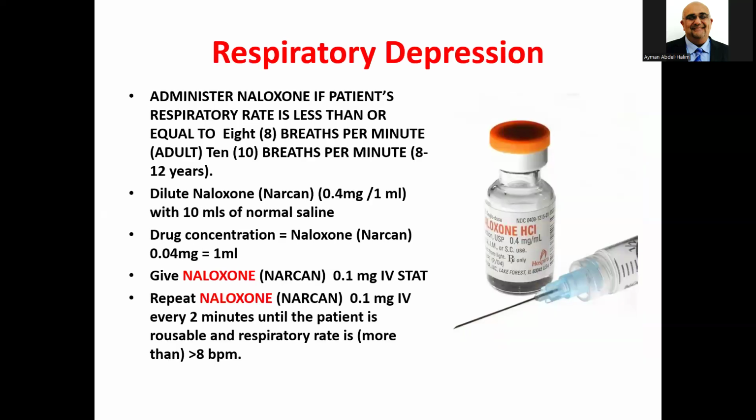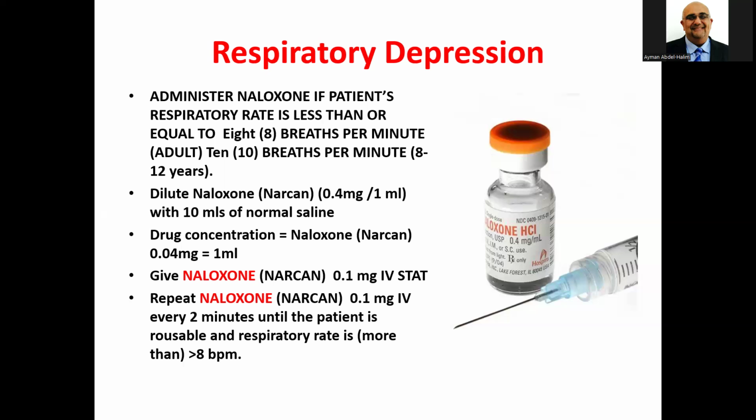Respiratory depression. So first of all, you have to define respiratory depression. Respiratory depression is defined by a respiratory rate less than 8 per minute for adults and 10 per minute for patients 8 to 12 years old. And basically, we dilute the naloxone, which is 0.4 milligram in 10 cc, and give it very slowly.